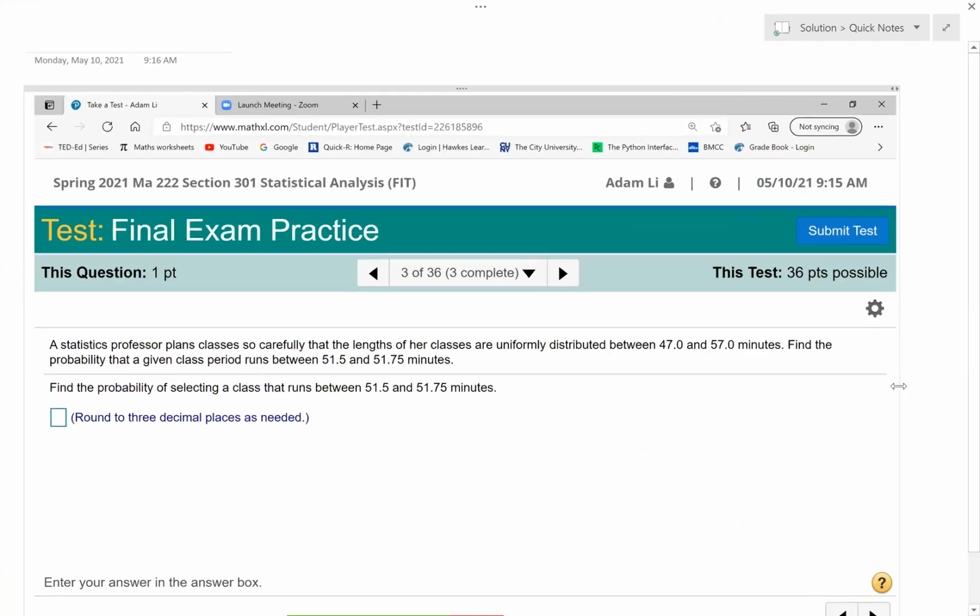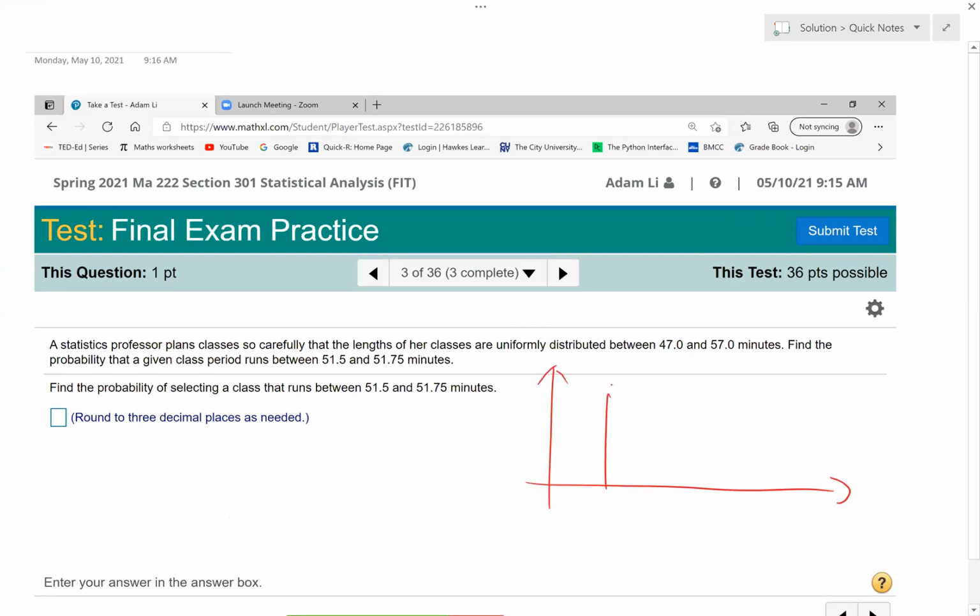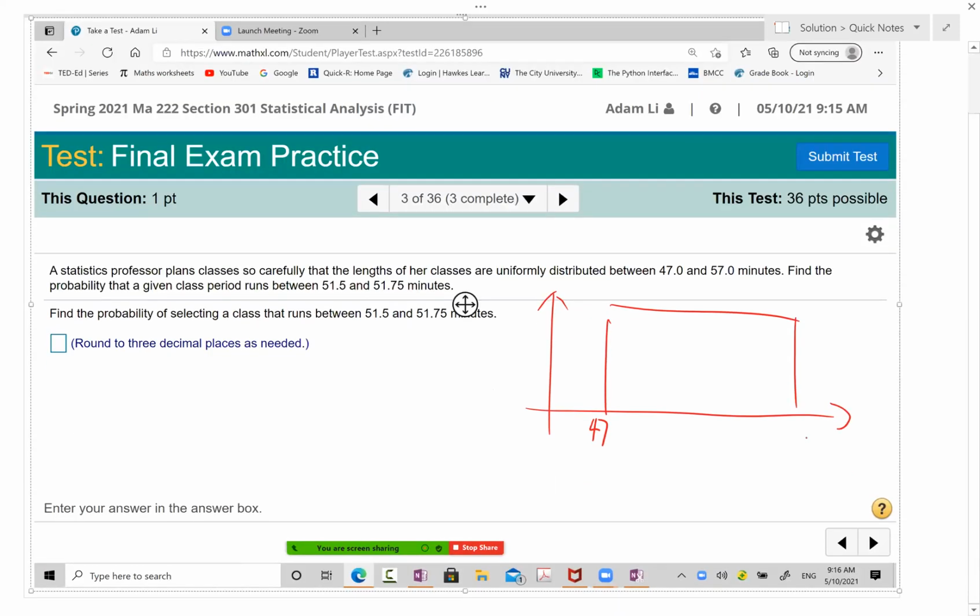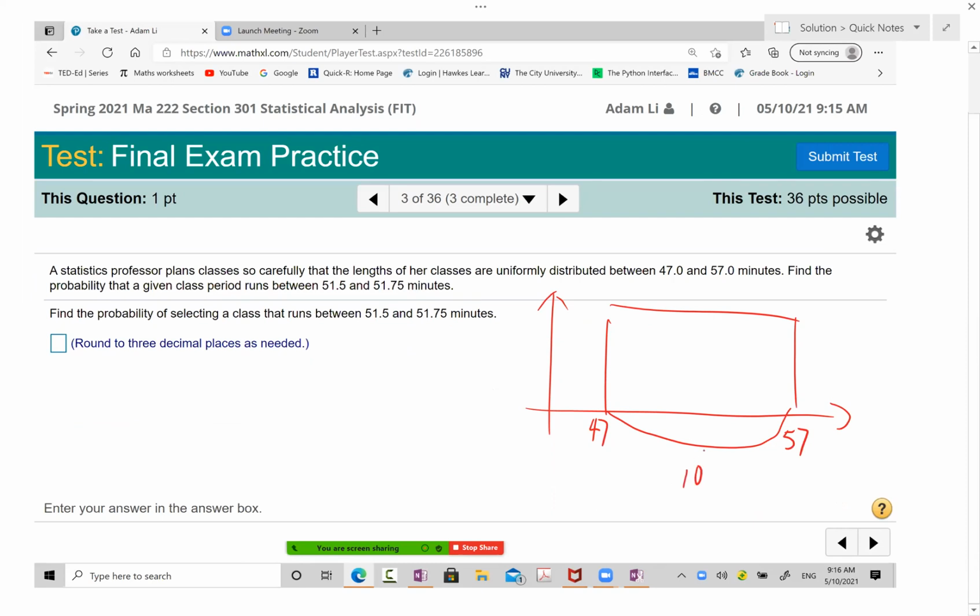Okay, so you draw a rectangle, and these are the endpoints, 47 and 57 minutes. So the base is still 10, so the height must be 1 over 10, right? Or 0.1. They want to find between 51.5 and 51.75. Okay, so they want the area between.